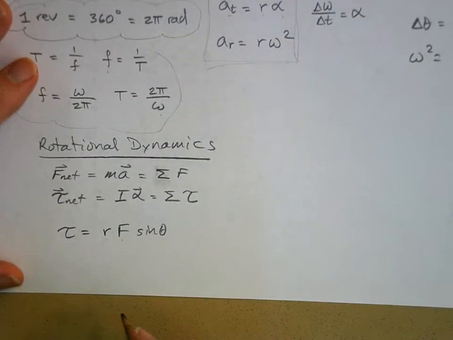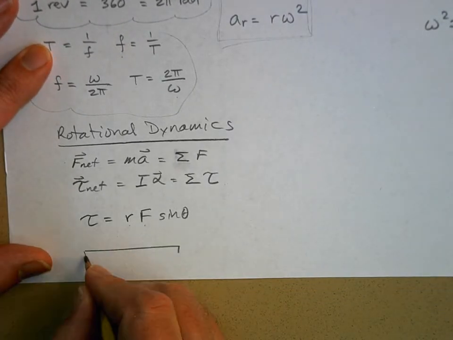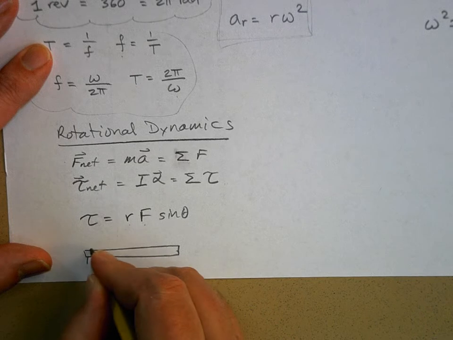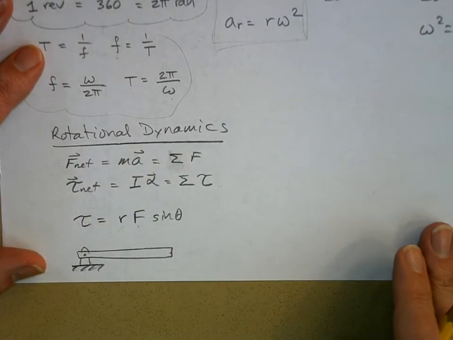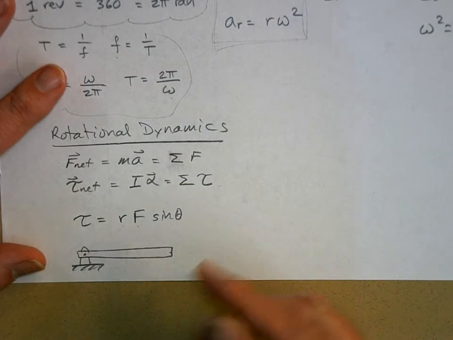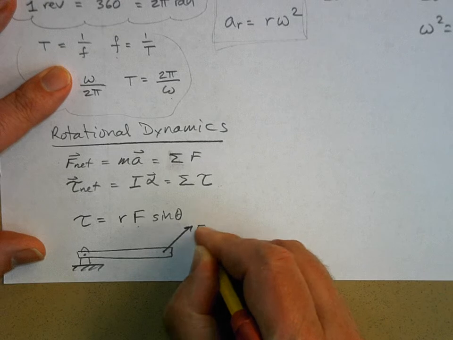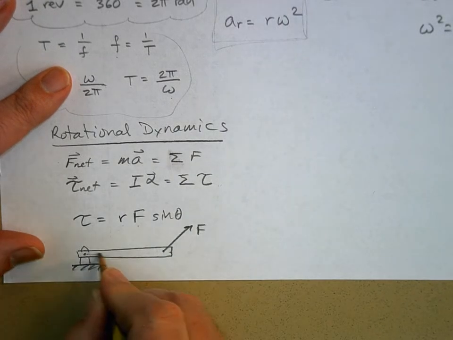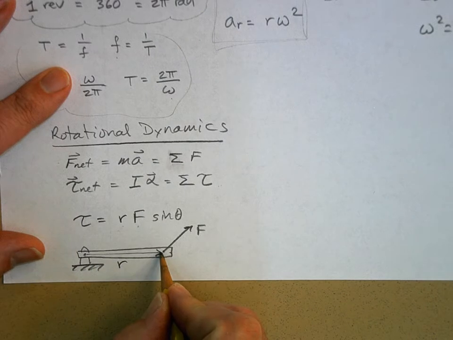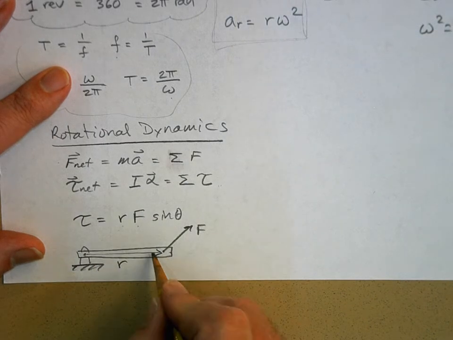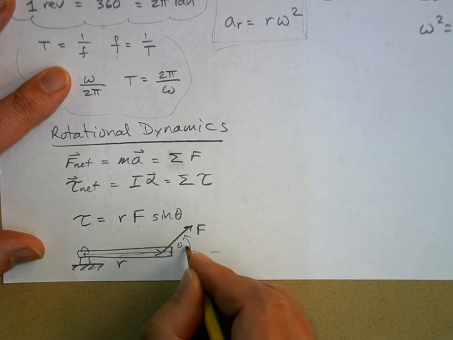For example, if I have a stick and I pin it down right here, so that it has to rotate around this axis, and then I just apply some force to it, like this, F. Well, here's your R. R is from the axis of rotation to the application of the force, and then if you extend R out like that, it makes an angle theta, like this.